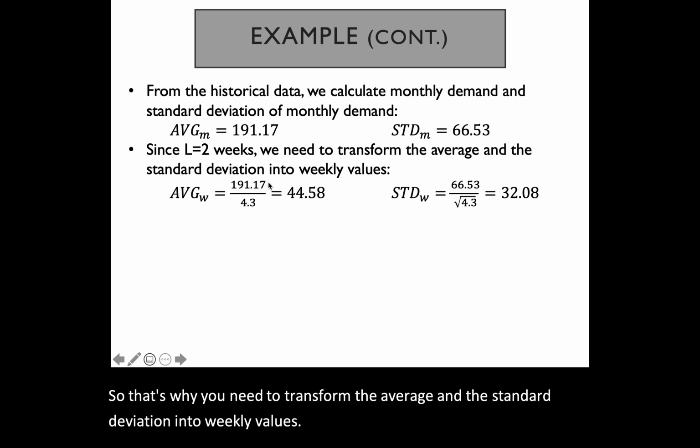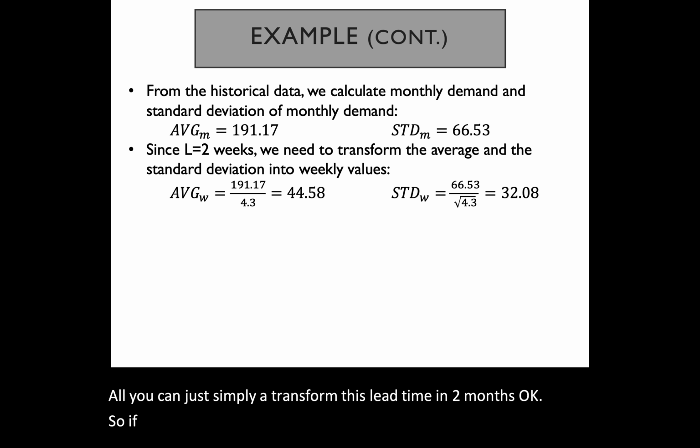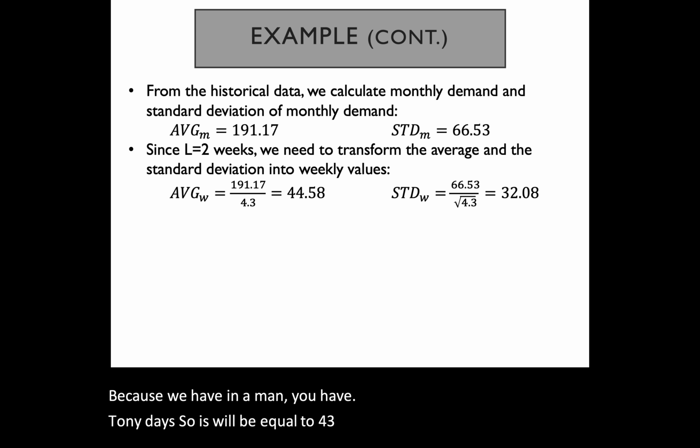You can also simply transform the lead time into months. If you transform the average demand into weeks, because we have 30 days in a month, it will be equal to 4.3 weeks in a month, right?